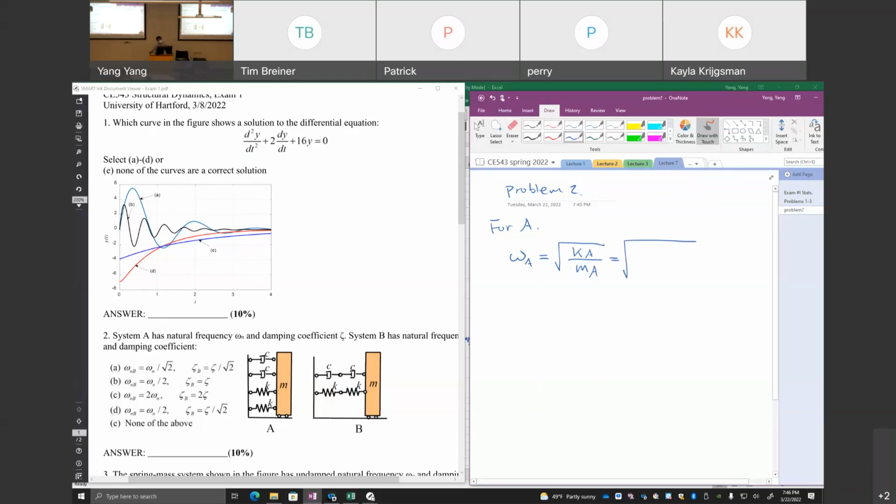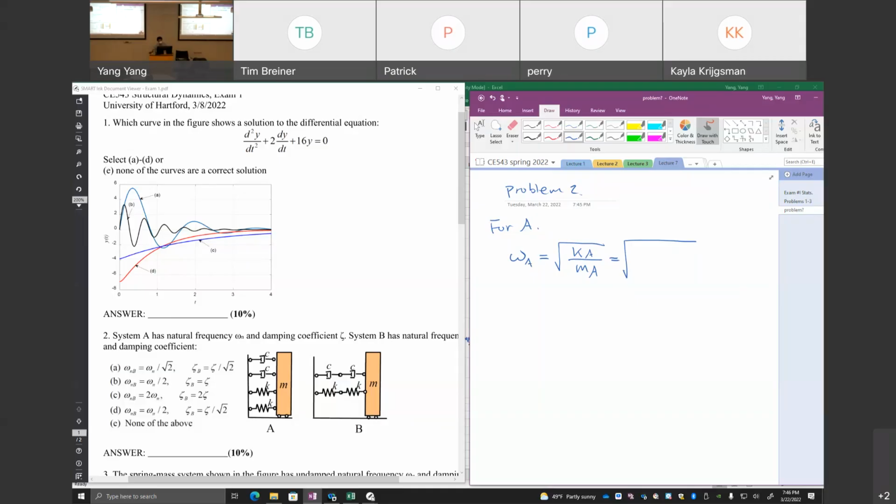So what is the stiffness of system A? We have two springs. Each spring has a spring coefficient equal to K, and those two springs are parallel.